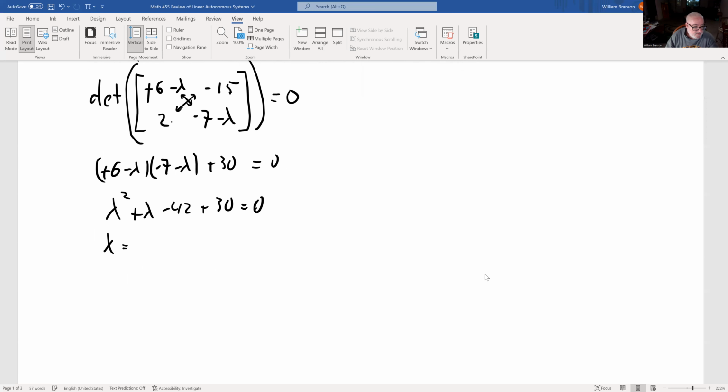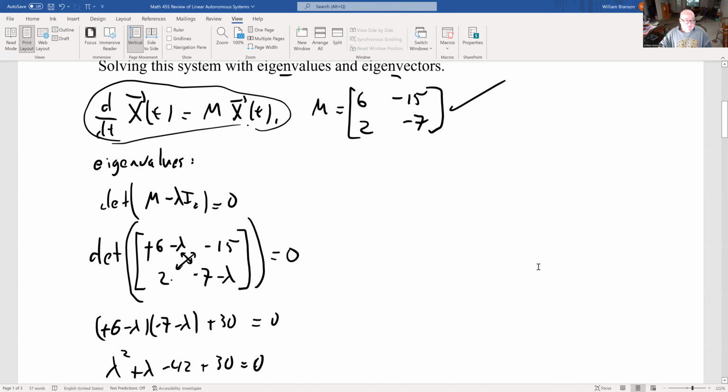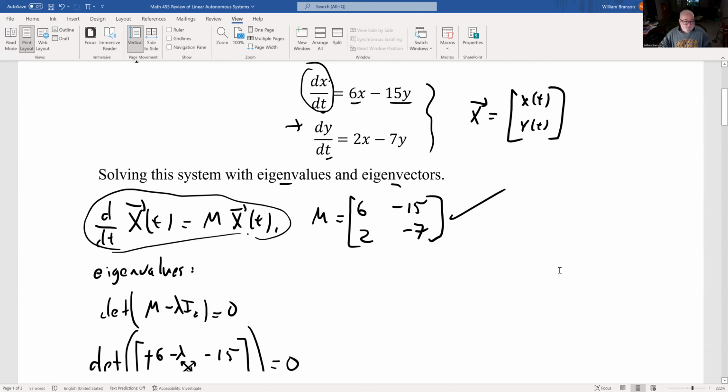Or lambda squared plus lambda minus 12 equals 0, which we can factor. Lambda plus 4, lambda minus 3 equals 0. Lambda 1 equals minus 4, lambda 2 equals 3. So these are our eigenvalues. Once we find the eigenvalues, we want to find the eigenvectors.